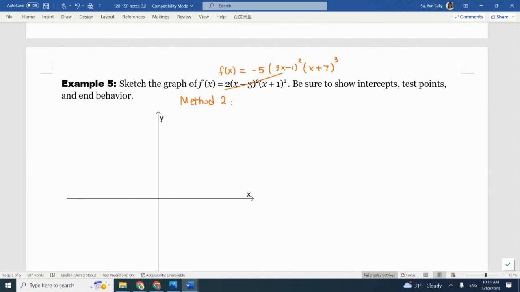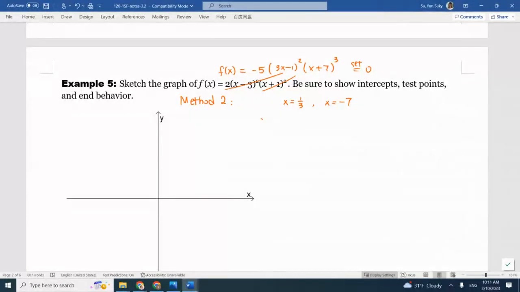Let's do this one, make it more interesting. Okay, all right, so first step, we set it equal to 0. And we already get the roots. They are x equals 1/3 and x equals -7. Is that okay, everybody? We already got that.